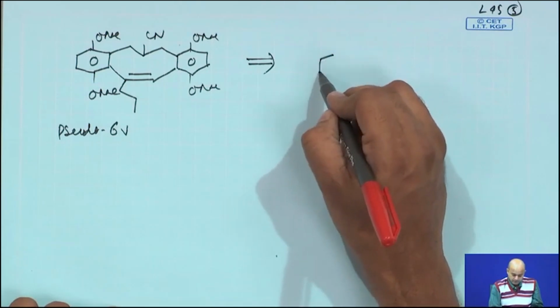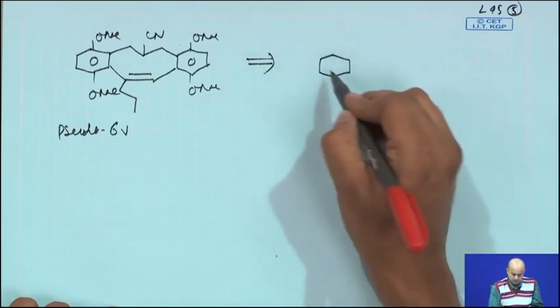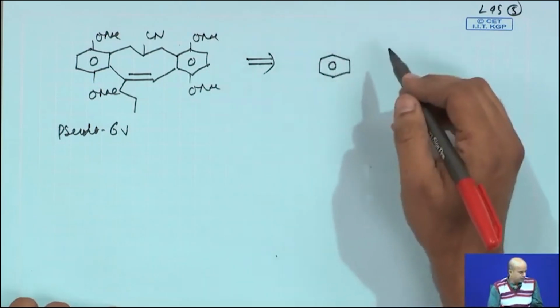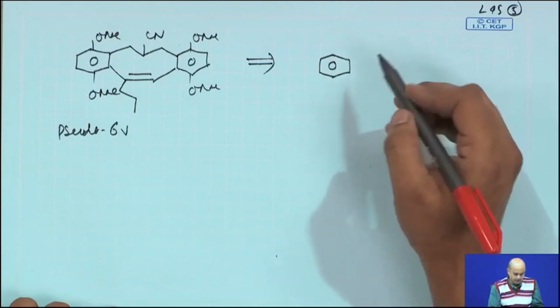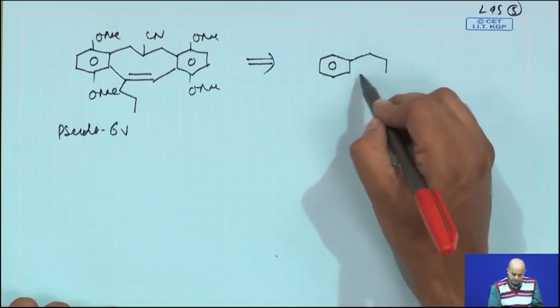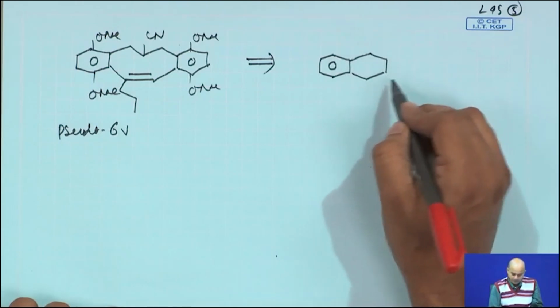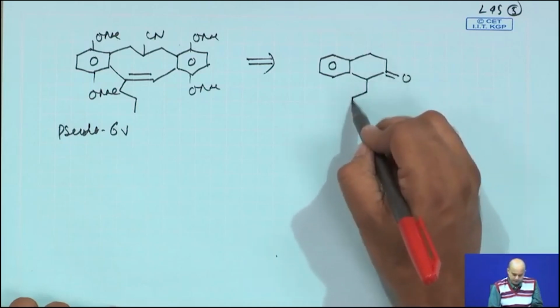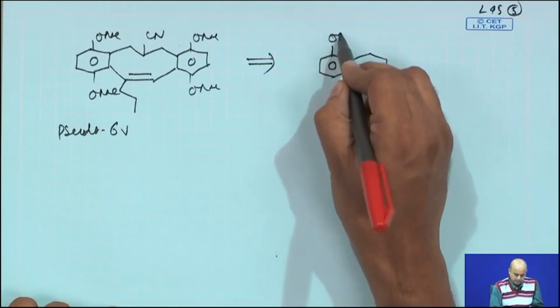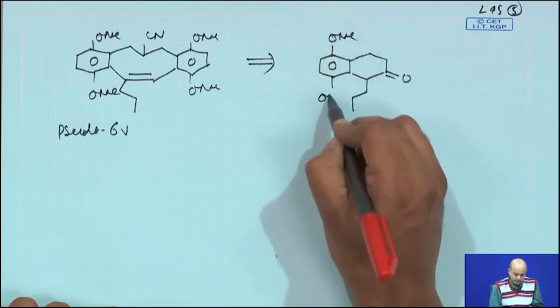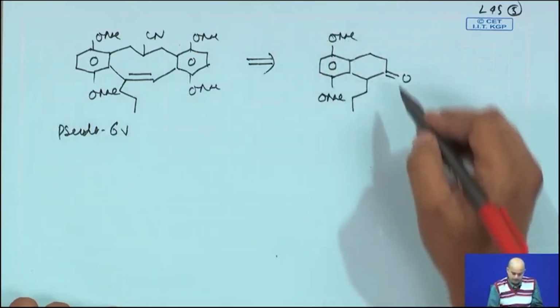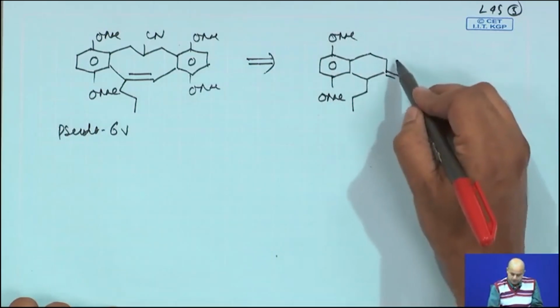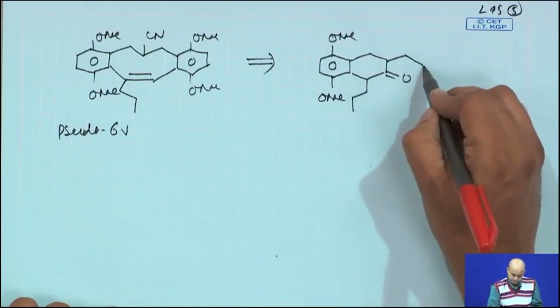Now, this particular fragmentation which was proposed is very interesting, and this is the limelight, the main highlight of the entire synthesis. This will explain in detail how this mechanism takes place.